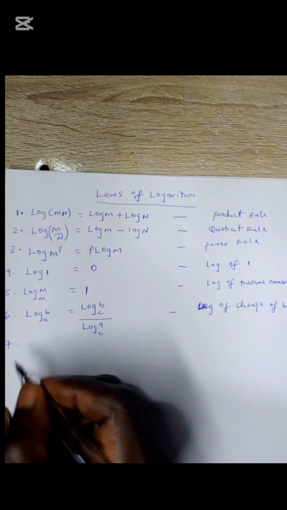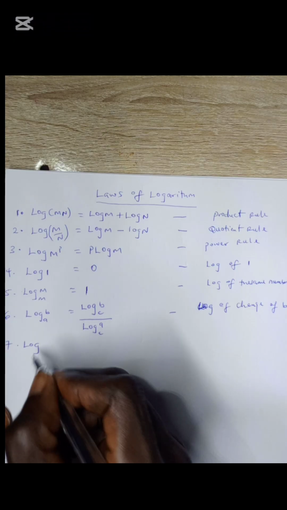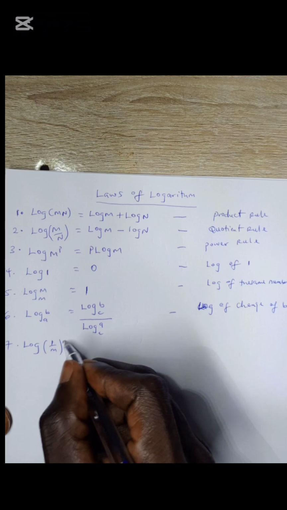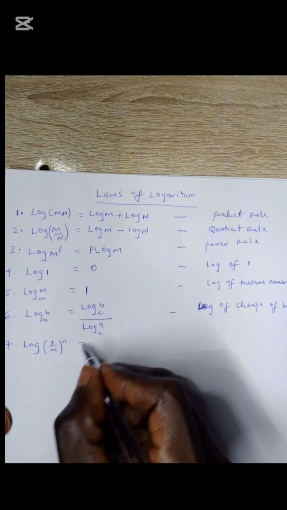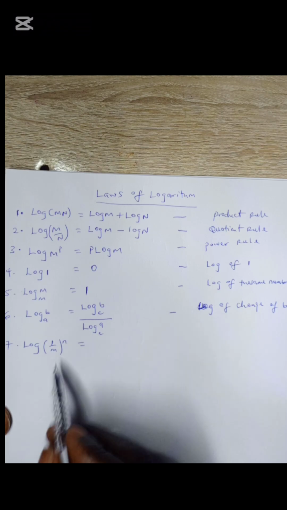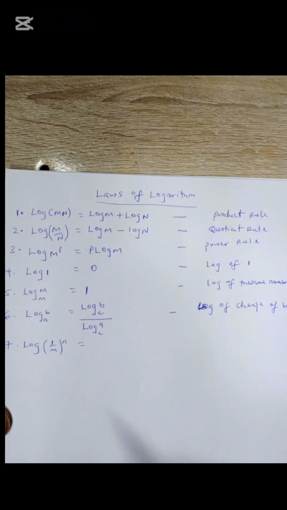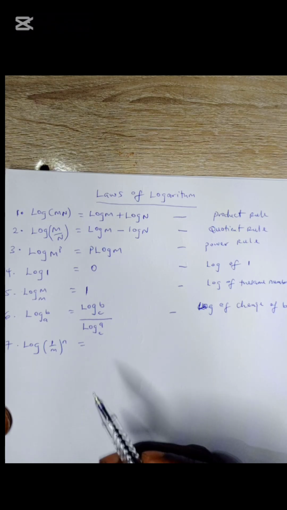Let's go to number 7. Number 7 is talking about when we have log 1 over m, which is talking about inverse, with n as a power. Anytime we have 1 over m, it also means m raised to power minus 1. That is an inverse form.